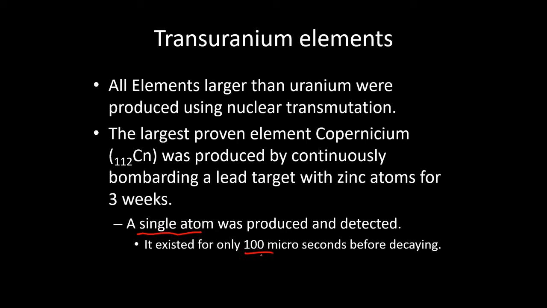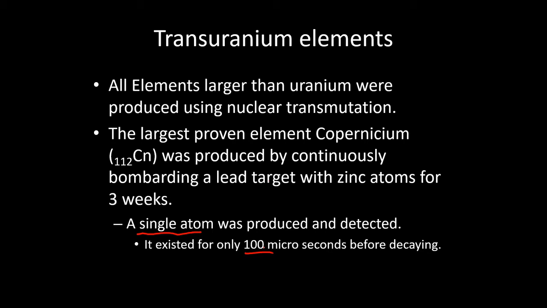So they bombarded lead with zinc for 3 weeks, made a thing that lasted for literally less time than it takes you to blink, and it's on the periodic table now, which is kind of crazy to think about. Now, that being said, it was reproduced. For something to get on the periodic table, it does have to be made by more than one lab.